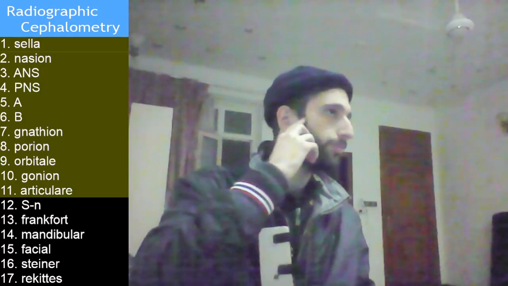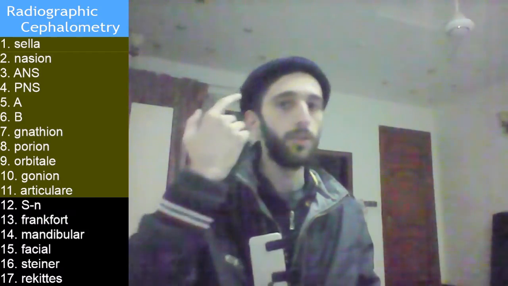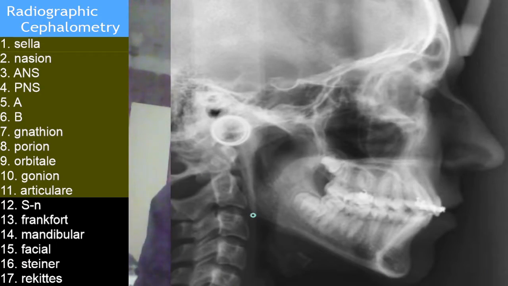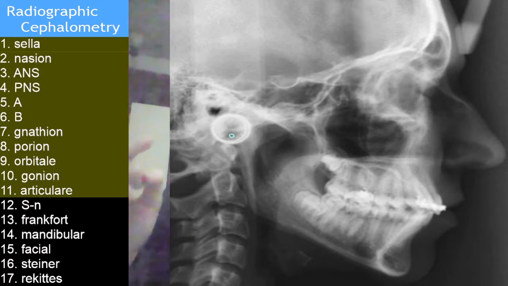Now to the articular. Articular is the junction of the posterior ramus plane and the superior structure of the skull.